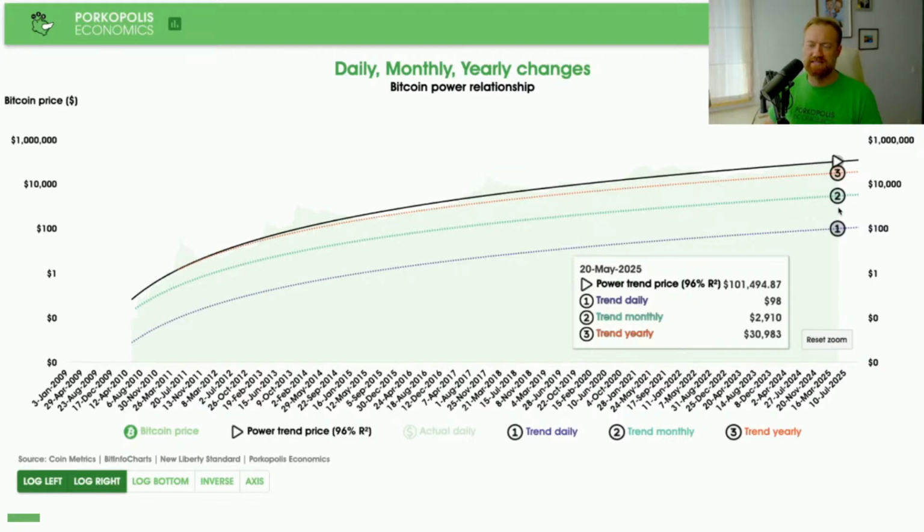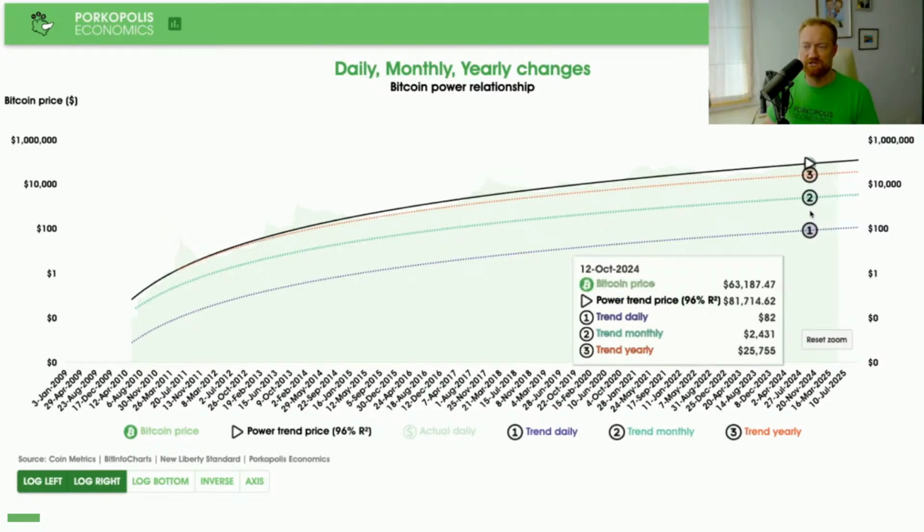So if we go back a year to May 20th, 2024, it's going to be 70,000. Right? It's going to be 101,000 minus that monthly trend change, which is number 3. All right, so let's just go back to May 20th, 2024. And there it is, $67,900.